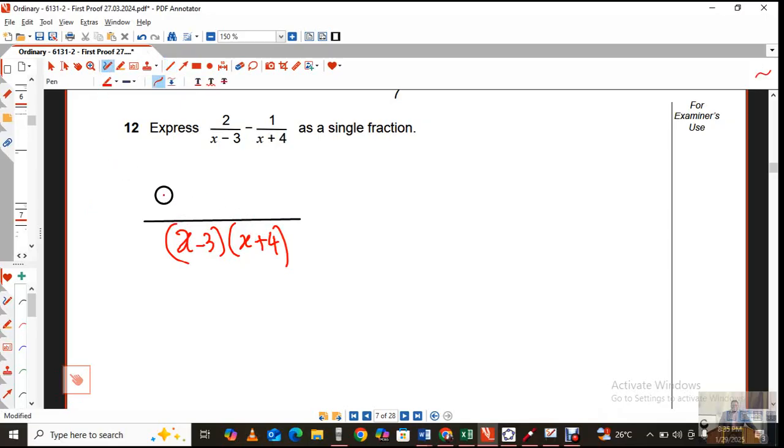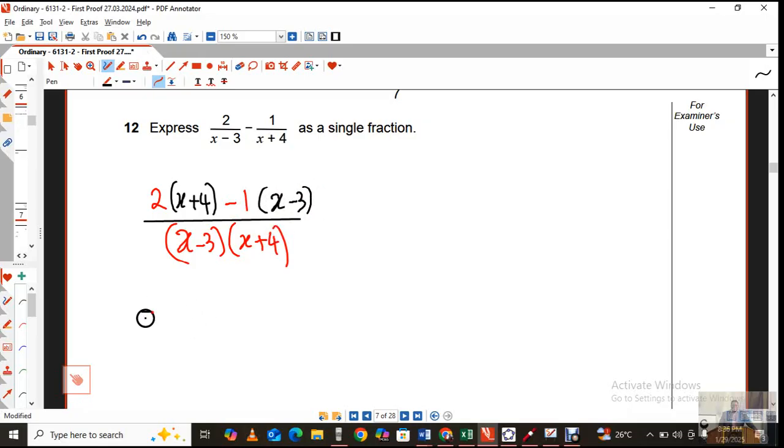Then the first fraction would need x plus 4 in order for it to be complete, because it already has x minus 3. Then the minus 1 that you have over here has x plus 4, and it will need, you guessed it correctly, x minus 3.